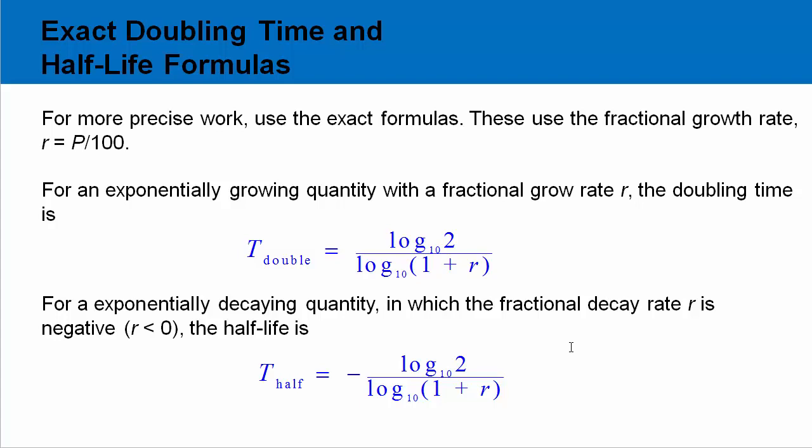the same. Now, you may have seen these formulas somewhere else written as just log of 2 over log of 1 plus r, and whenever you see log without anything, it's just assumed that it's base 10. But just so you know, and this is true for both of these formulas, you can do log of any base.